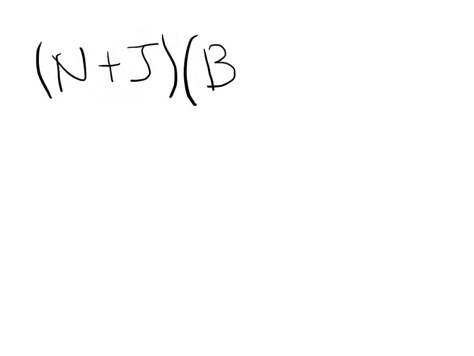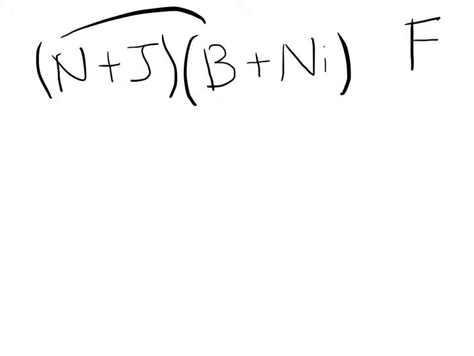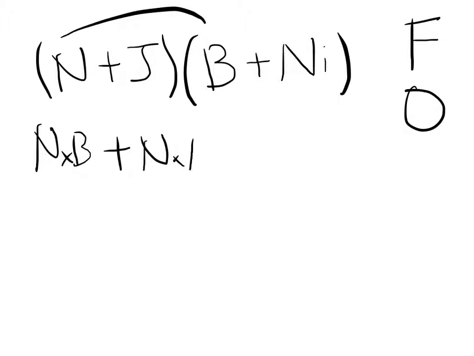So this would look like this with algebra. If we had Nathan and Jordan versus Bonnie and Niku, first we have Bonnie versus Nathan, so we've got Nathan times Bonnie, plus the outside one, Nathan and Niku, Nathan times Niku.